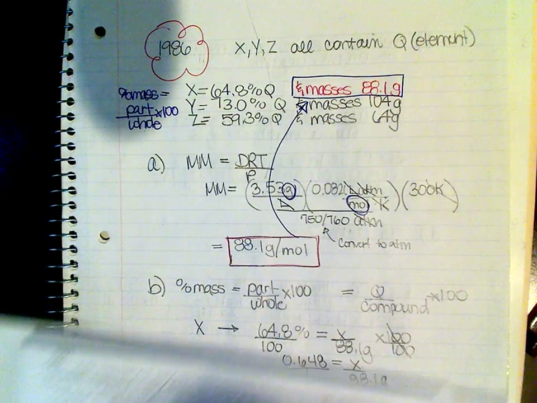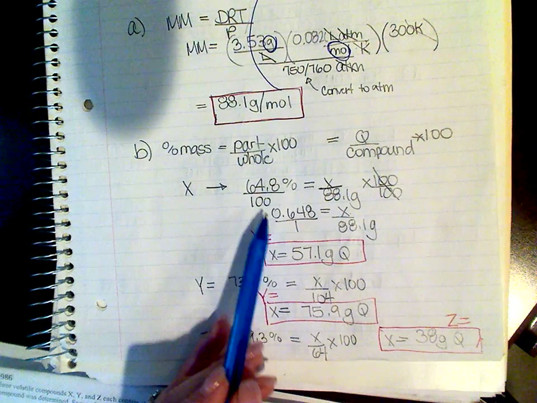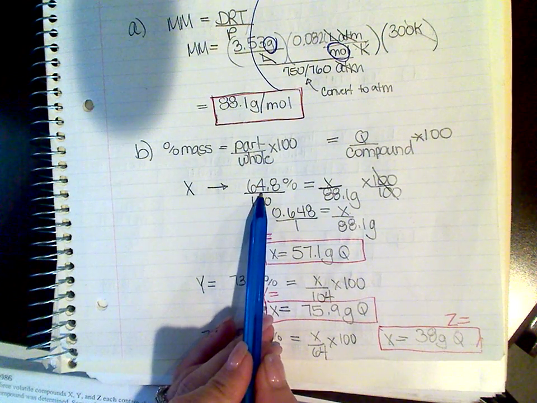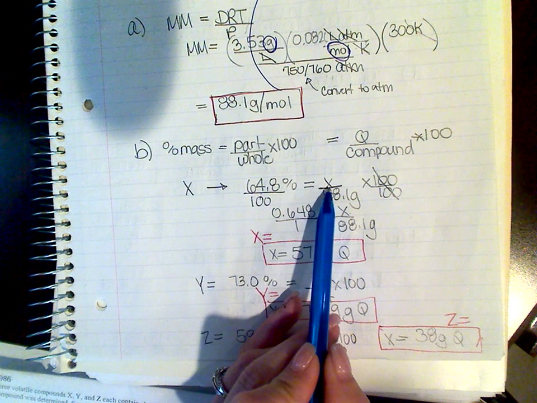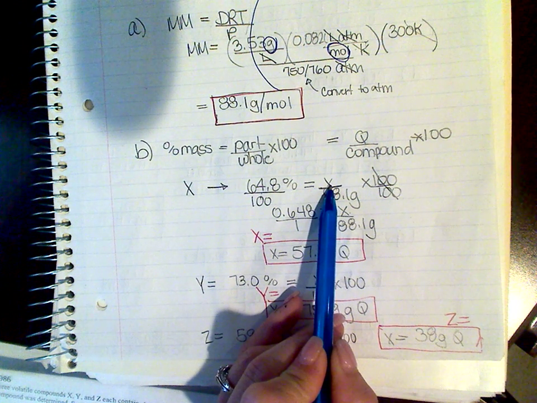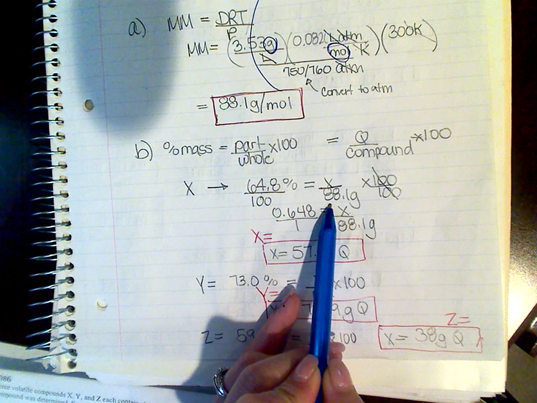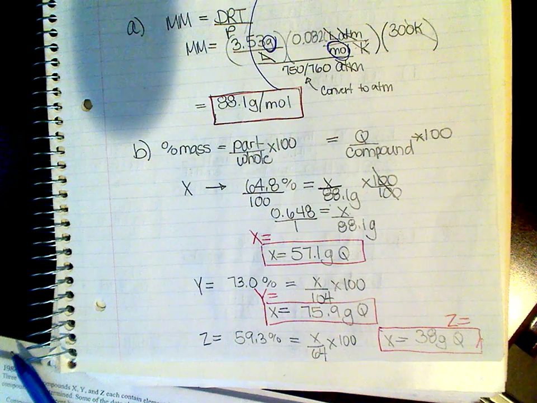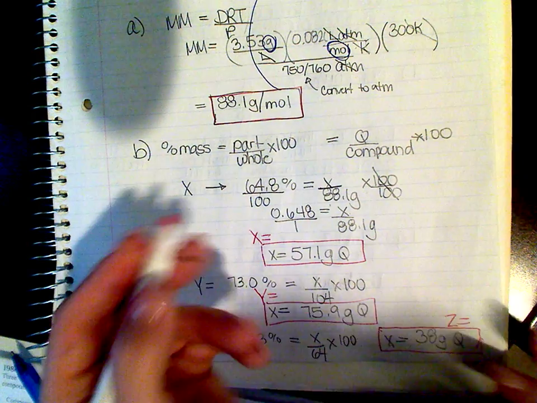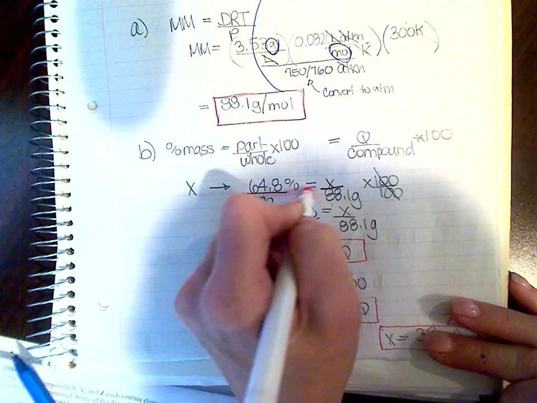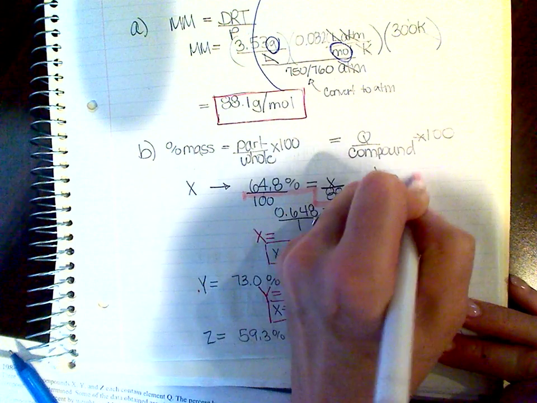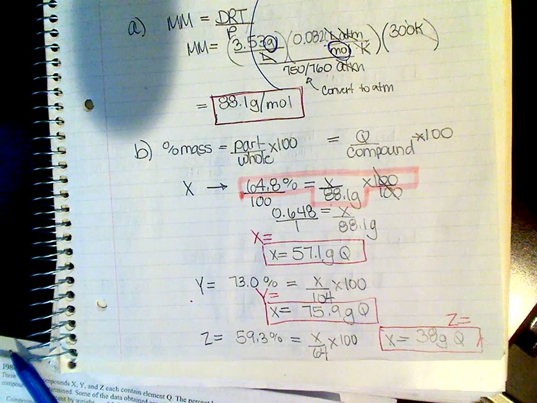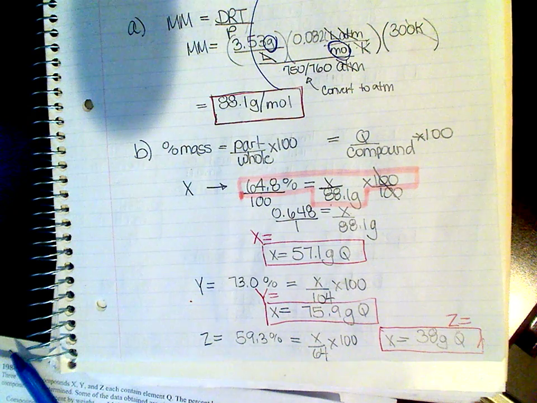So I'll show you my work on that. I took the percent mass and said that's equal to the part, which we're looking for, over the whole, times 100. So basically what you guys see here is I had originally just this part, percent equals part over whole times 100. That was my original equation.